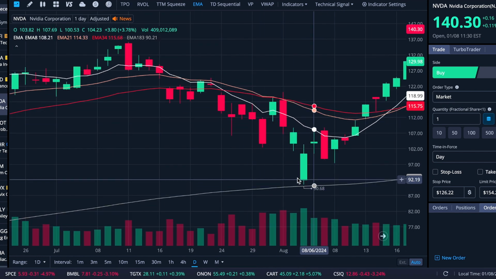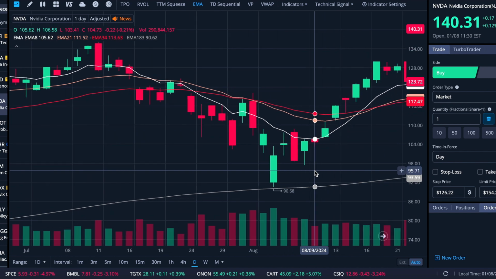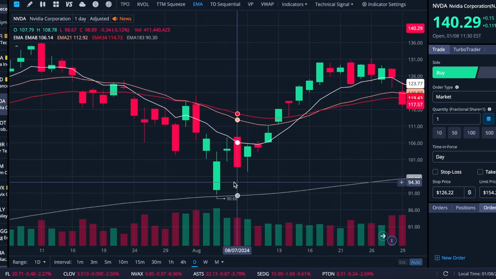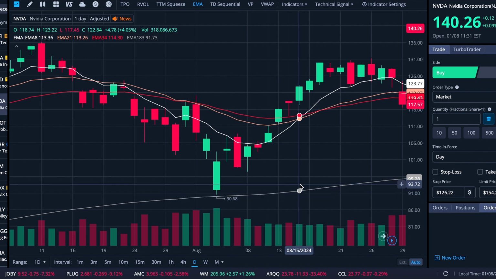And then it came down, it bounced off of the 183. Again, here's where if you're looking for a strong stock, with a lot of buyers behind it, in a long-term bullish formation right above the 183, you could try to catch any action close to the 183.